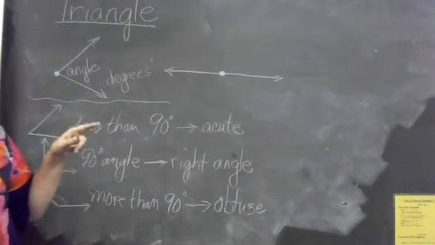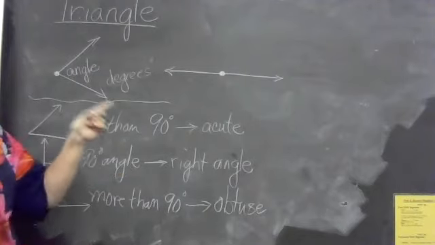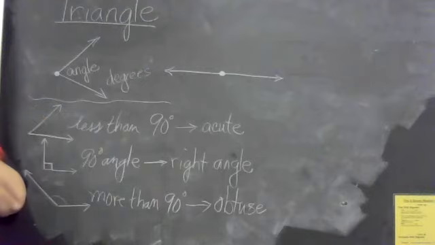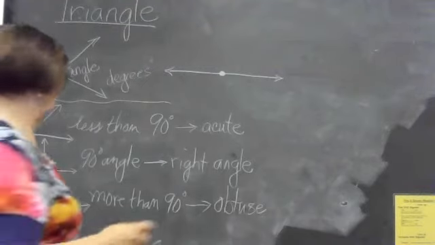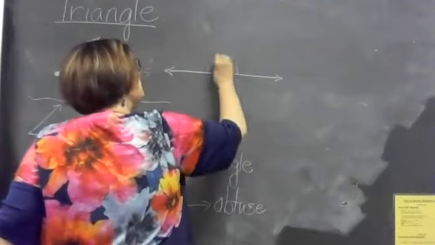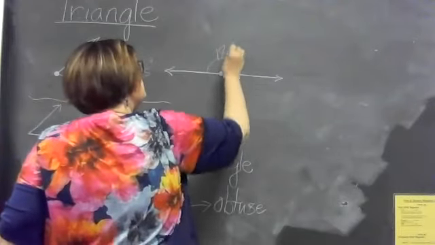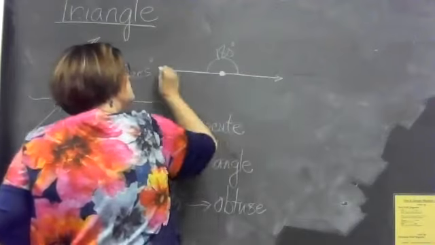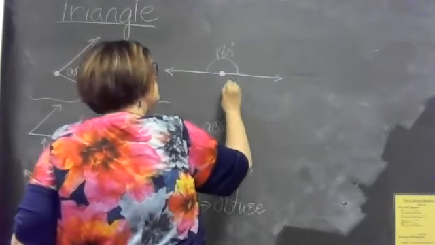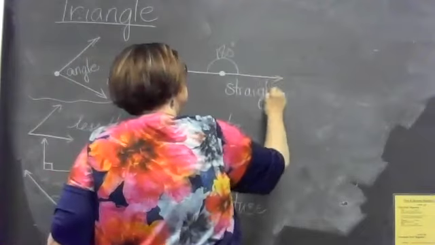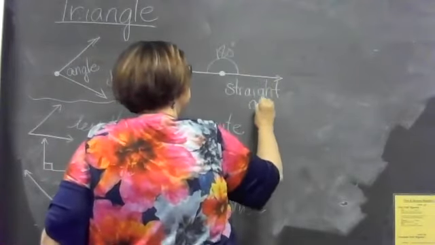It has the same endpoint, and the rays go in indefinite directions. This one is 180 degrees. A straight line is caused by 2 rays, and this is called a straight angle.